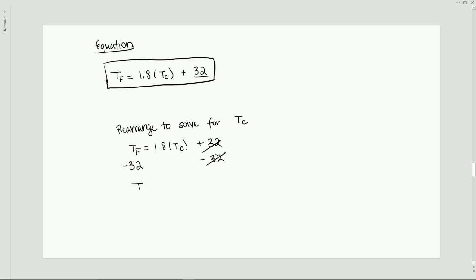Now we have temperature in Fahrenheit minus 32 equals 1.8 times temperature in Celsius. Now we can divide both sides by 1.8.